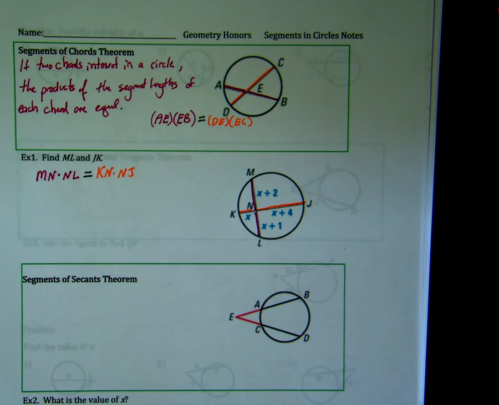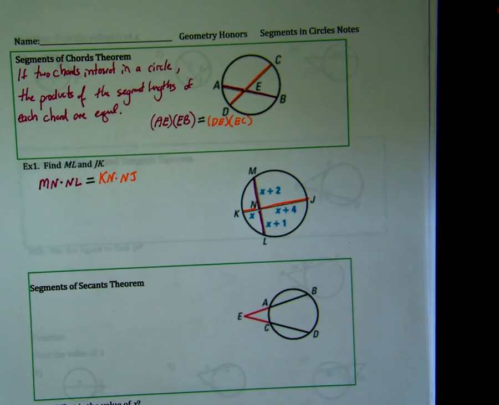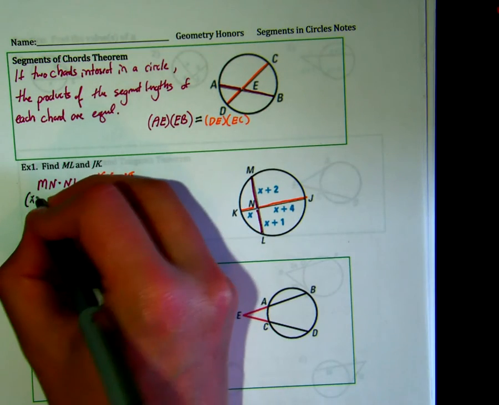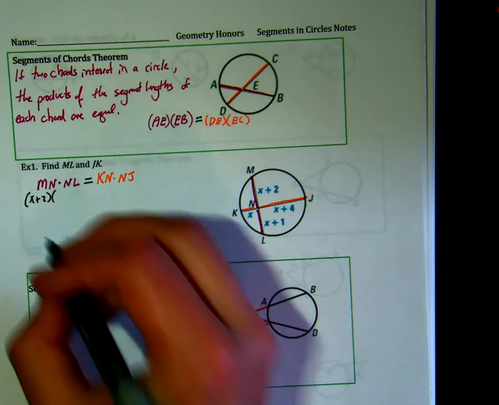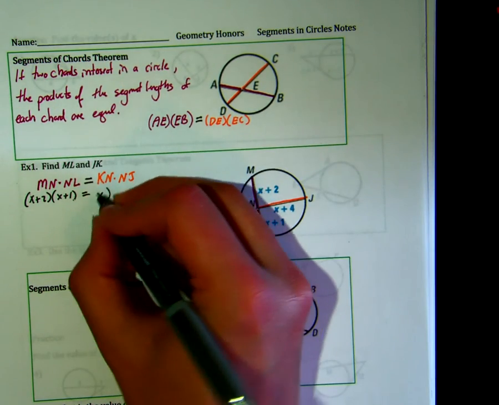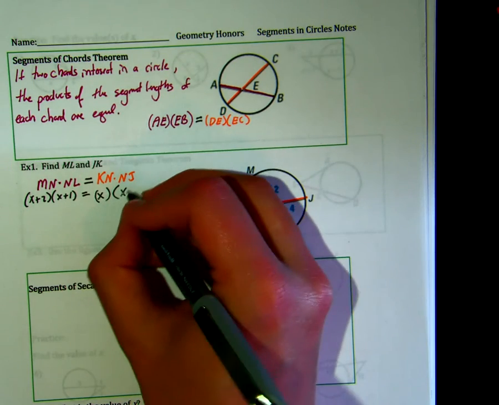All right, so the product of the pieces should be equal to each other. So that means that our x plus 2 times x plus 1 is equal to x times x plus 4.